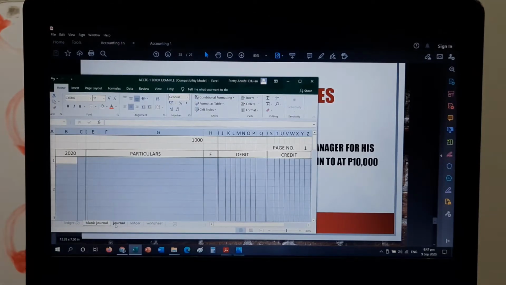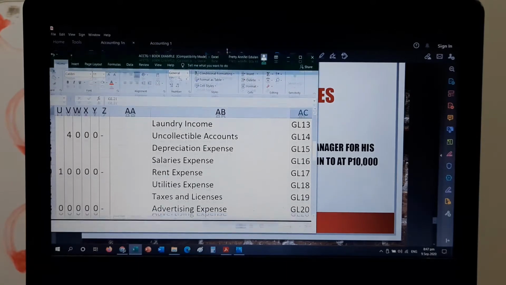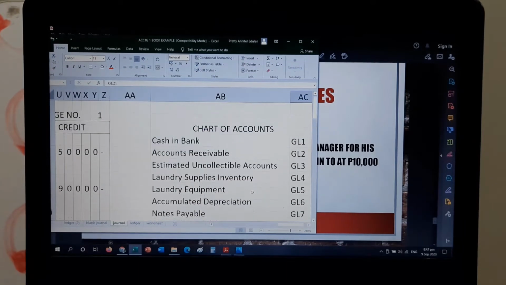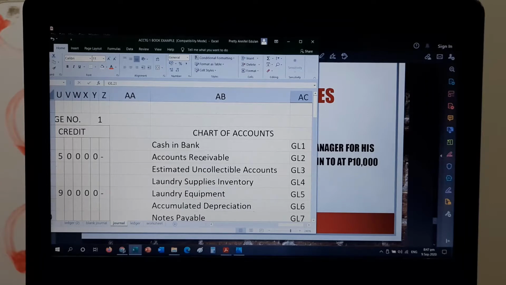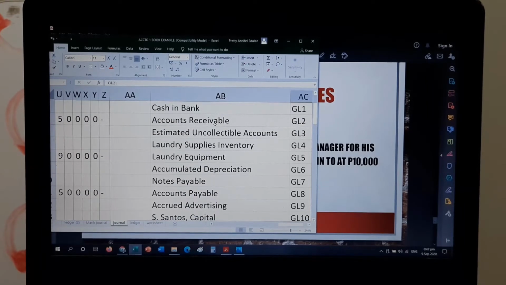Which is this one. So this will be your chart of accounts. Cash in bank, accounts receivable.